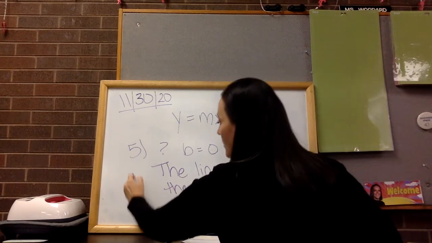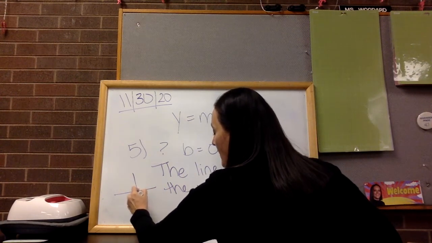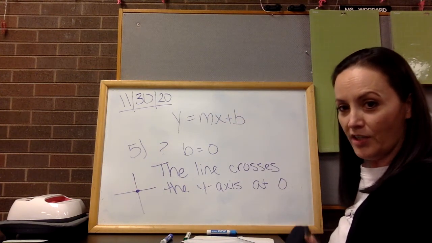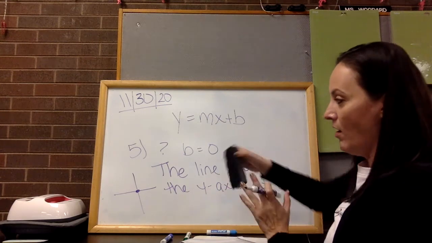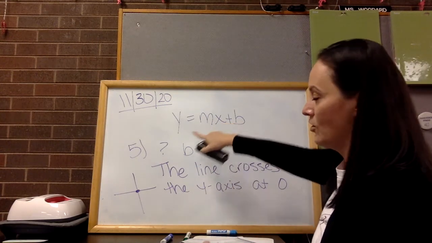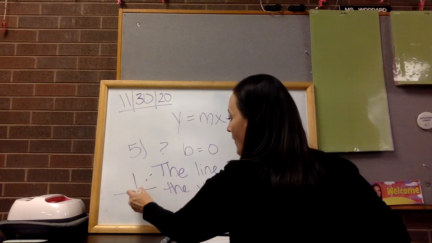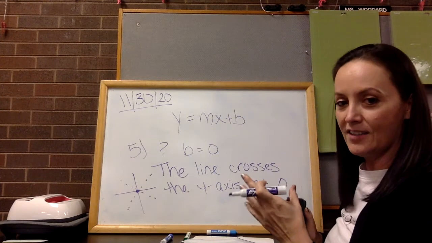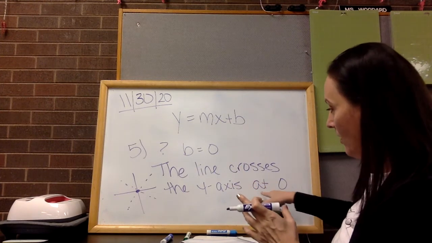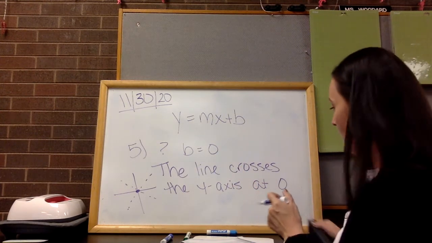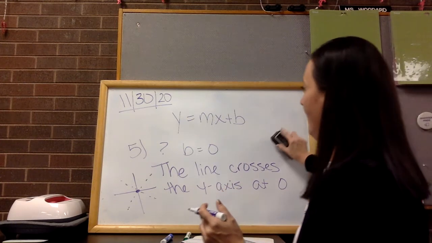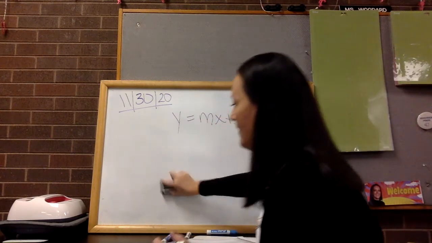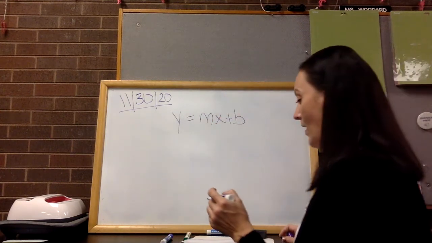So when you go to graph this, you've got this point right here that it's going to cross. It's going to cross right at the origin. It can go in all different directions depending on what the slope is. The slope can be positive and it could shoot out like this. Could be negative and shoot out like this. But we're looking at a line that's going to go through the origin. We're looking at where it crosses the y-axis at 0. That's what that is telling me. All right, so that's number 5. That's what you're saying when b equals 0, that our y-intercept is 0.